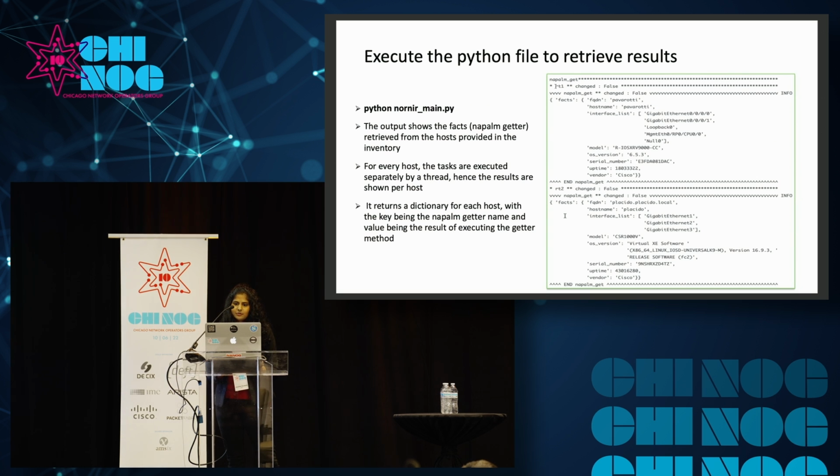As you see, for router 1 it has provided the fact details, and for router 2 it has provided the fact details. As it is multi-threaded, you get the results at a time. You're not going to get results one router after another.